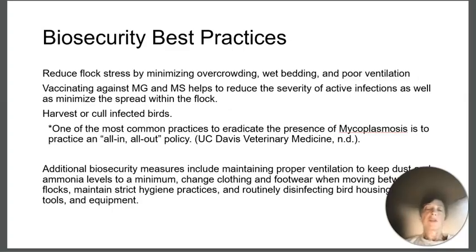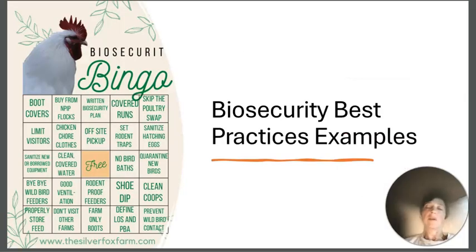So ventilation is key. Vaccination, also very important when you have more than five birds, just to protect the birds. Anything preventative, you want to do anything that you can to prevent illness, any step.